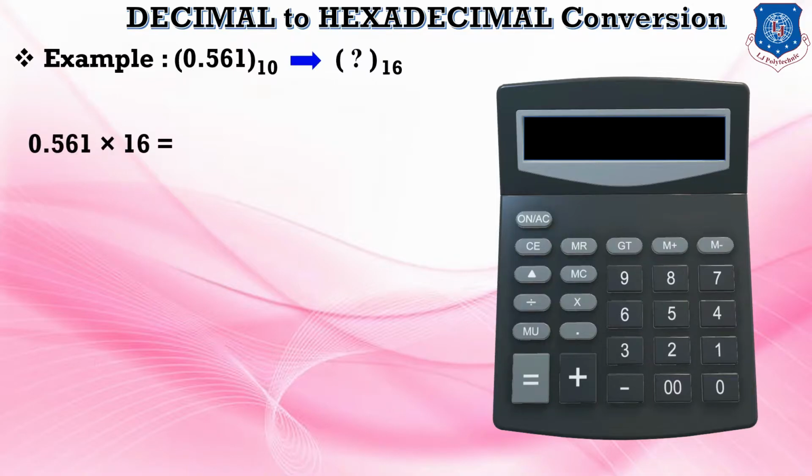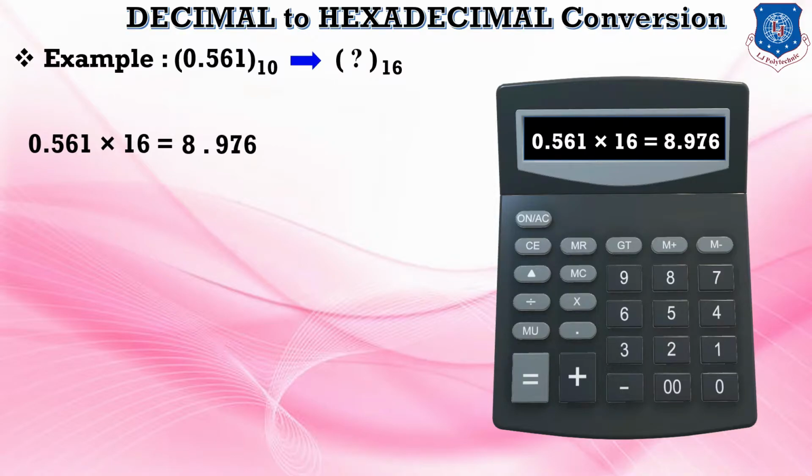Now we multiply 0.561 with the base or radix of the hexadecimal number, 16. Then we will get the answer 8.976. Of this 8.976, 8 is considered as a carry.